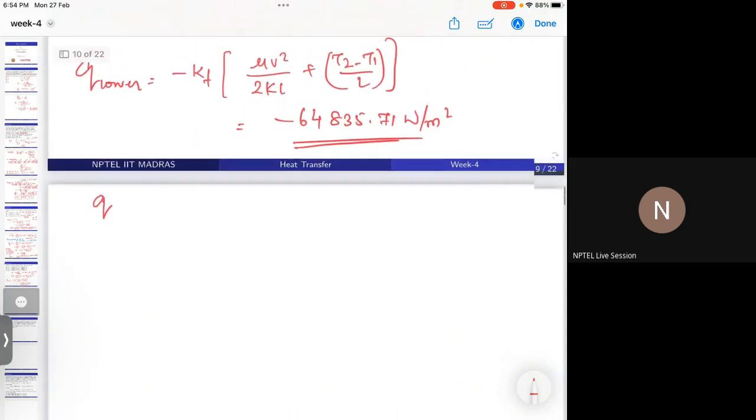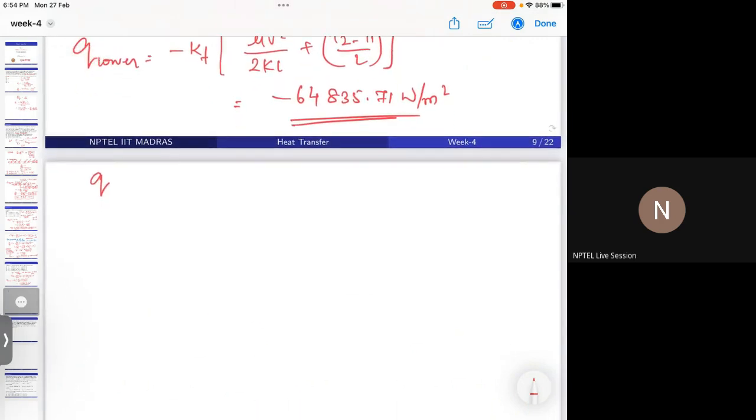So next, q at the upper plate equals minus k dou T by dou y, or we can even write dT by dy because T is a function of only y. dT by dy at y equal to, what is the location of the upper plate?